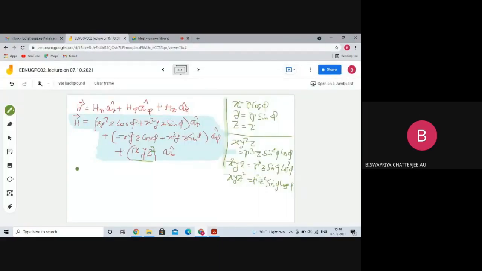Okay, so let us substitute them one by one. So H is equal to, now you see x y square z is r cube z sin square phi cos phi. So that multiplied with cos phi, so sin square phi cos square phi.